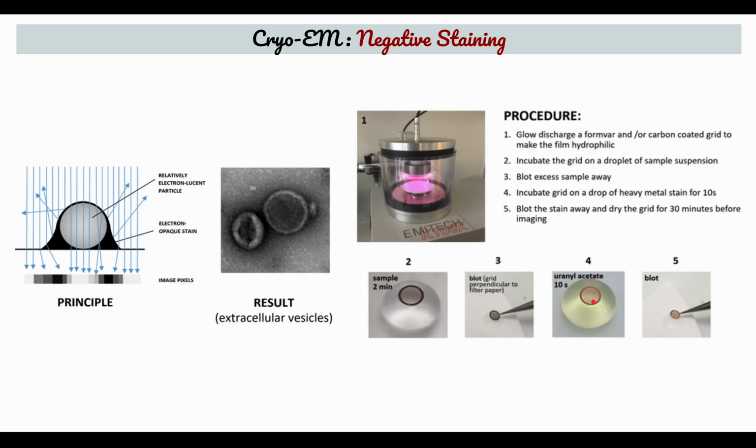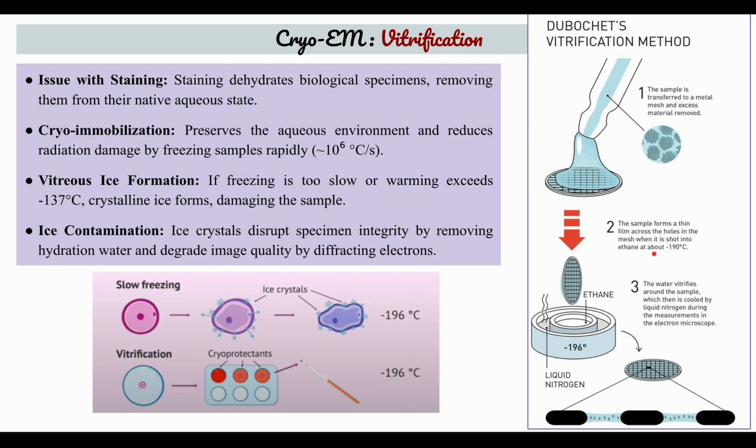So in this case, the uranyl acetate particles are interacting with our specimen which is present on this grid. So blotting means there will be some bonds which will be formed. For that reason we provide 30 minutes so that our stain can blot to our specimen, and then ultimately we can go for performing the imaging.